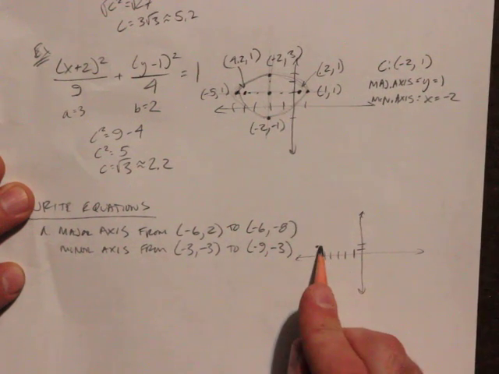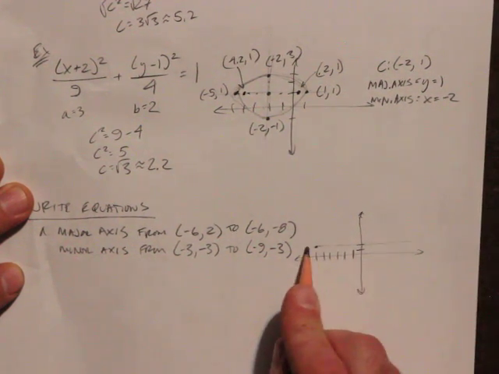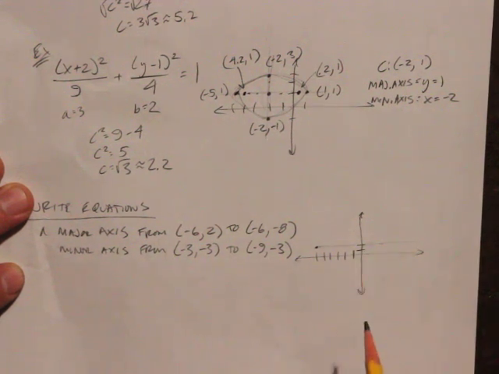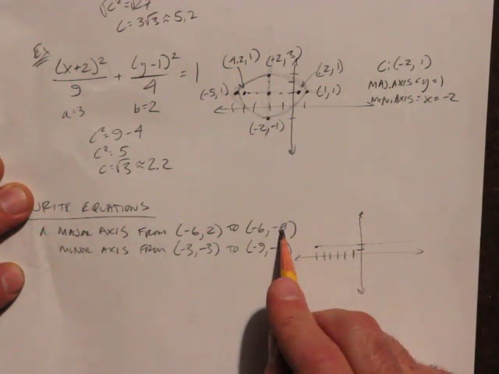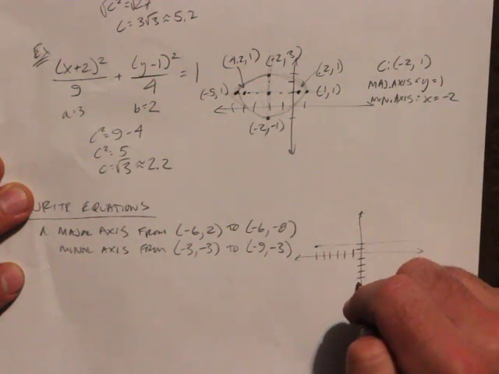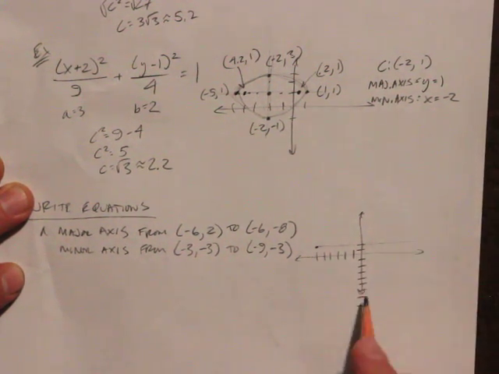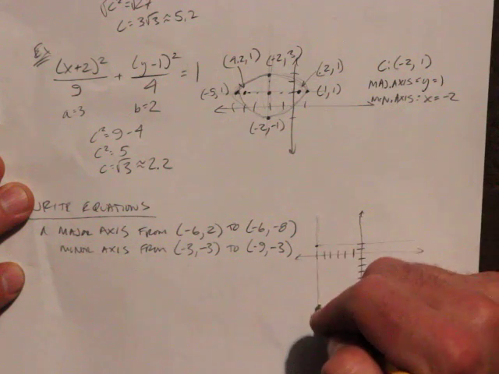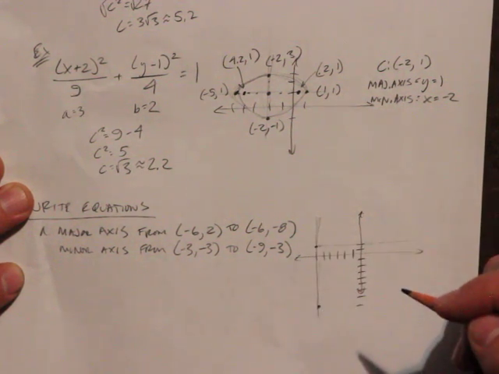And my major axis is going this direction. -6, -8. -6, 1, 2, 3, 4, 5, 6, 7, 8. That is where my point is. So this is my major axis, from here to here.